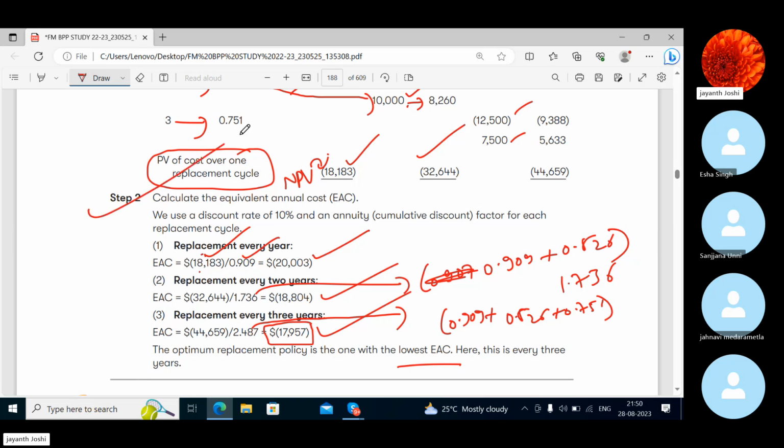Calculate this and finish it off. We'll go for the activity question. So every 3 years you have to replace your asset.